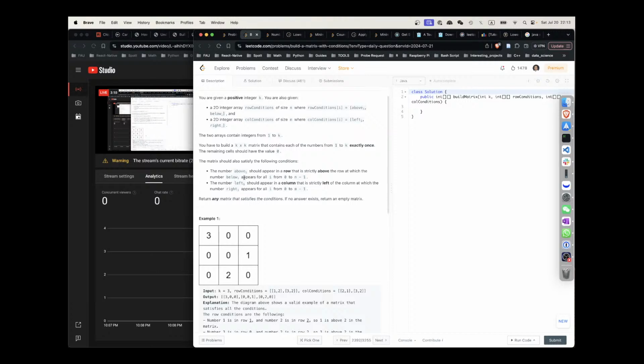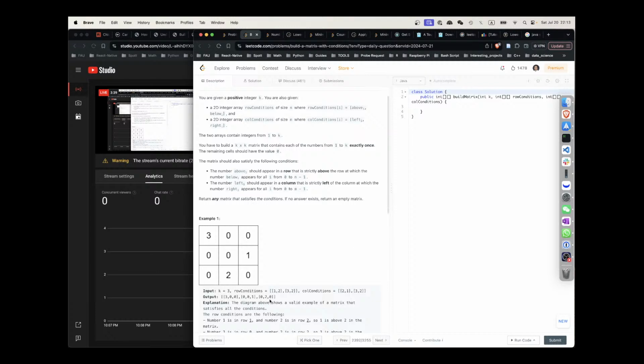Should appear in a row that is strictly above the row at which the number below i appears. I think I know. It means the number above should appear strictly above the row at which the number below appears.